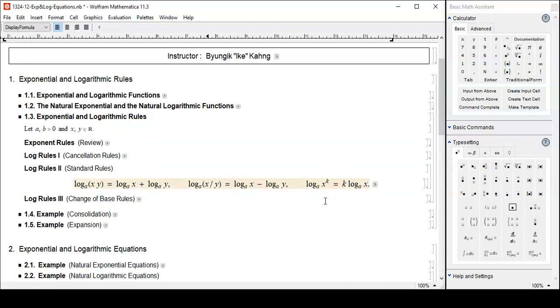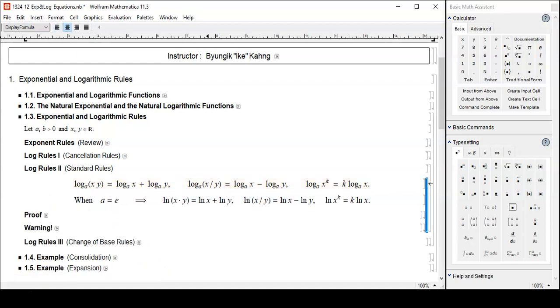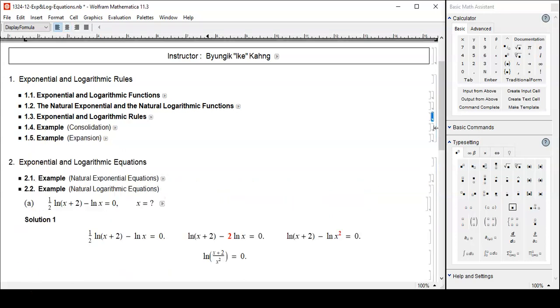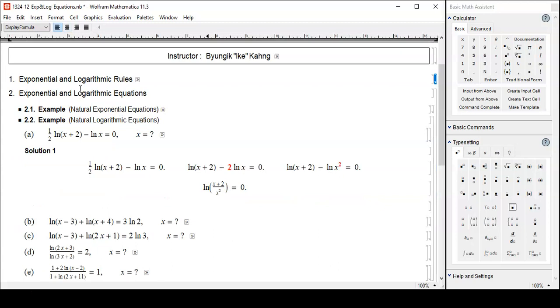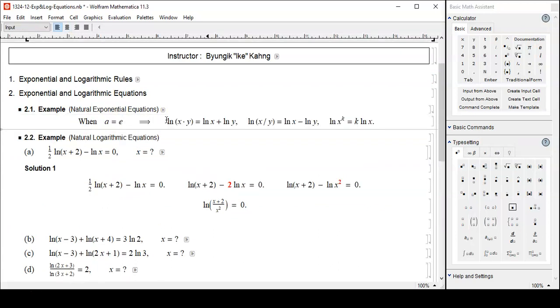Log rule number 3 here, and then we use log rule number 2. Okay, let's take this one here. Okay, let's put it right here. So we use number 3 and then number 2. Okay, all right. Next, what do you do?